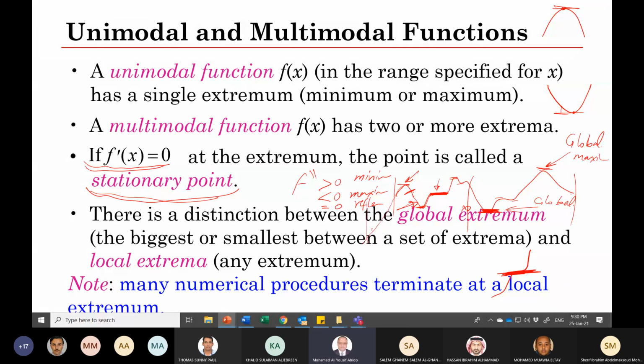If you start somewhere here and then search for the minimal solution, it leads you to nowhere. Is it clear? Yeah. Okay.